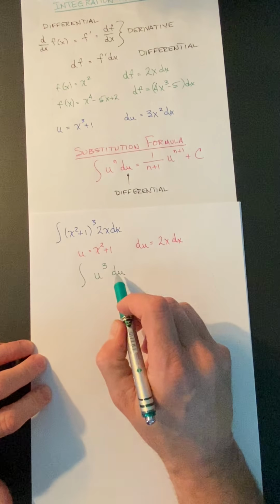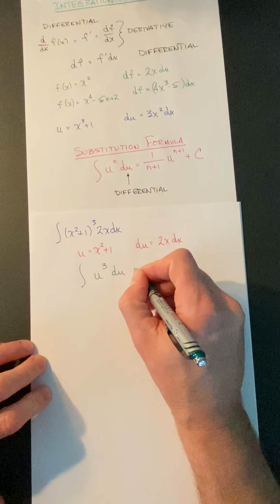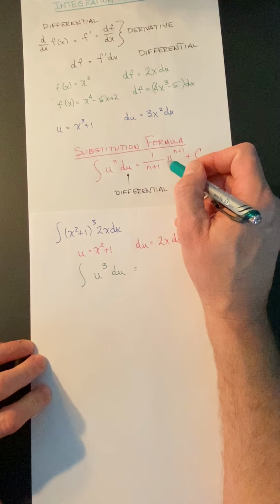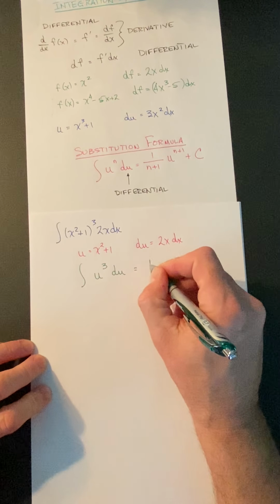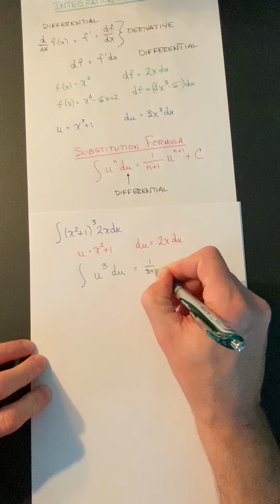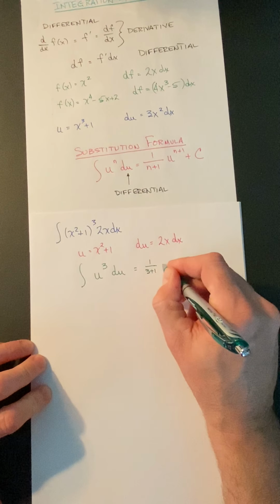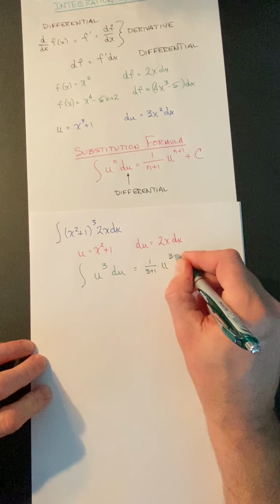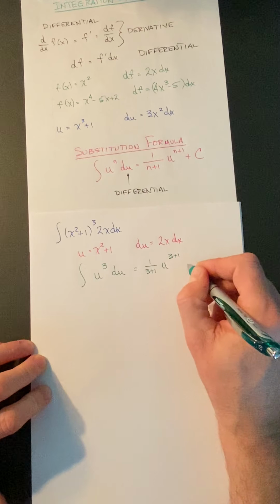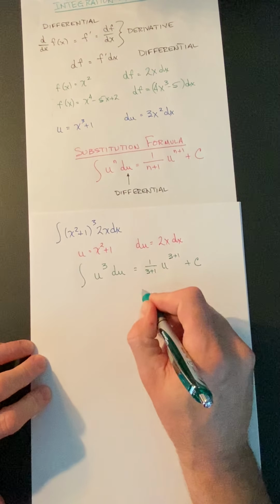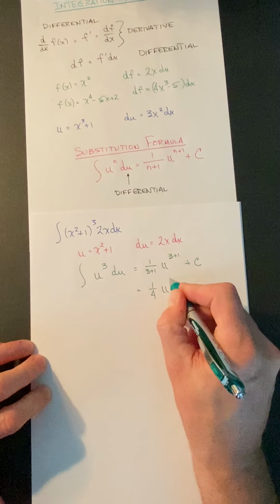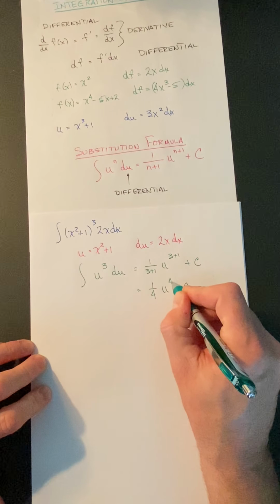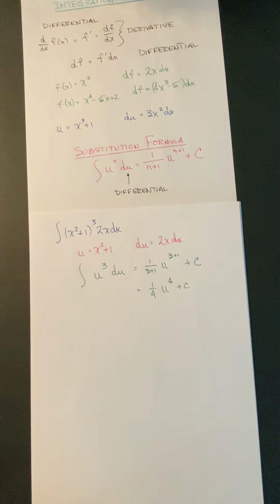Now, the beauty of doing this is I have a formula here when I'm of this format. So I'm going to have 1 over 3 plus 1 times u to the 3 plus 1 plus c, or in this case, 1/4 u to the 4th plus c, correct?